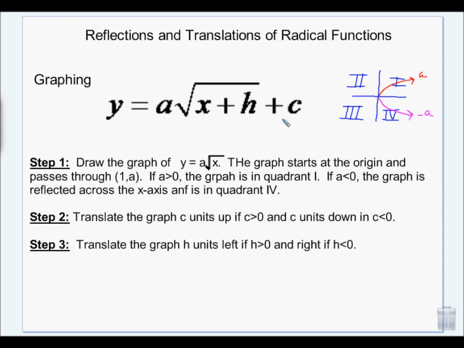Here we have a c on the outside. Okay, this is not part of the radicand. It's on the outside. If you have a c here on the outside, that moves you c units up or c units down. So if we take our base graph, which is just this red line right here, let's say.